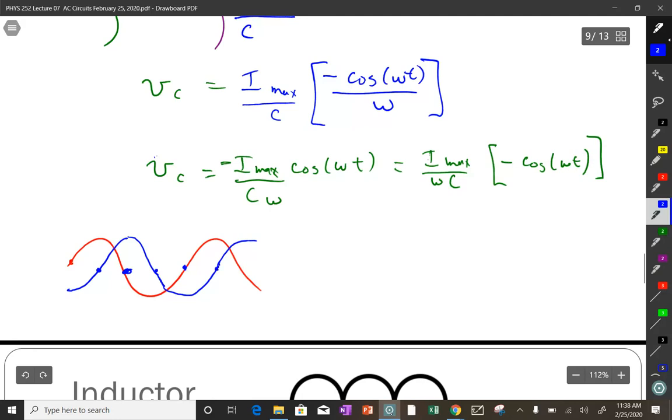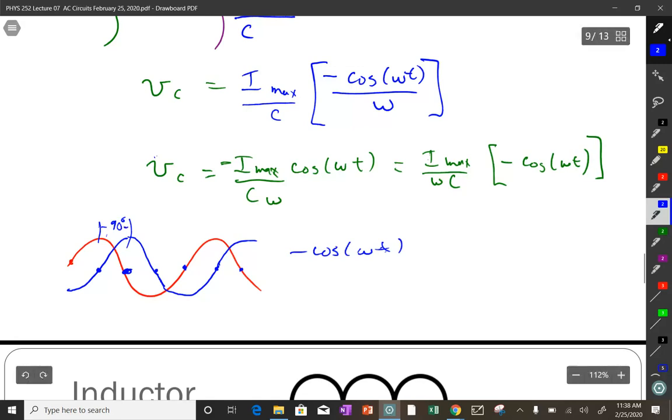So when one is at 0, the other's at its peak. And so it turns out that minus cosine of omega t is just the sine wave shifted by 90 degrees. But which way is it shifted? Because it's negative, I'm going to assume to the left.